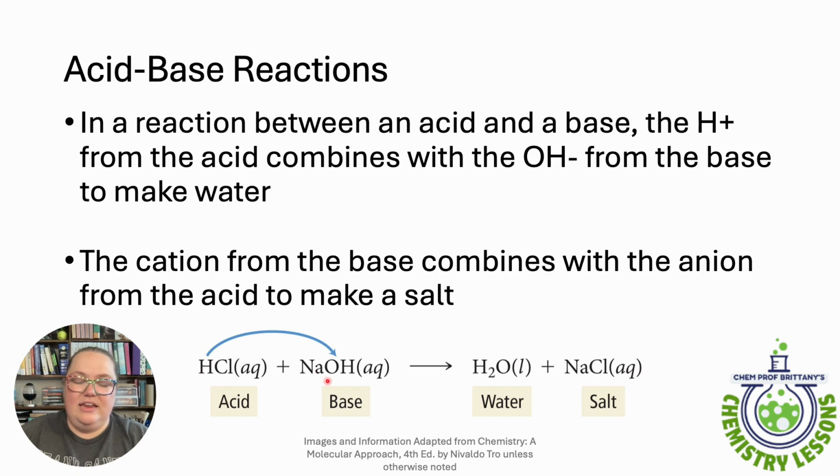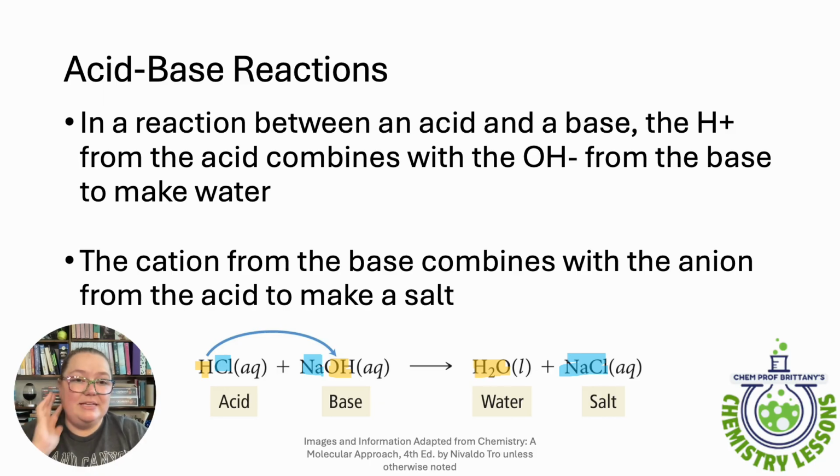So with HCl and NaOH, my H and my OH come together to make H2O. But then we've got leftovers. We've got our chlorine and our sodium. They also come together to make sodium chloride.